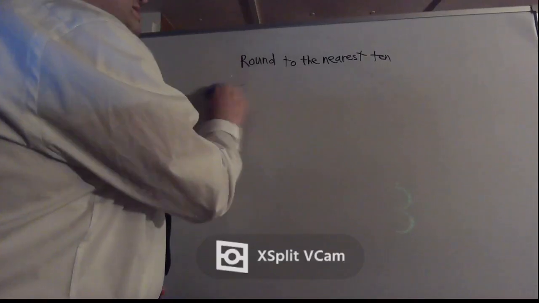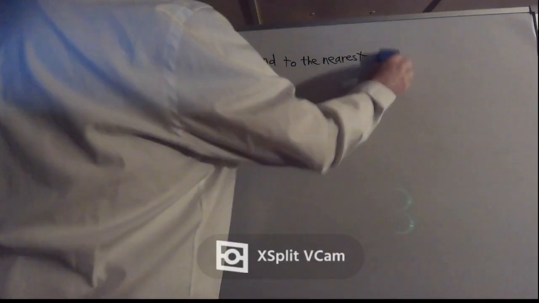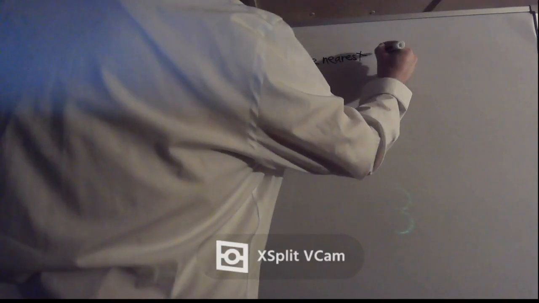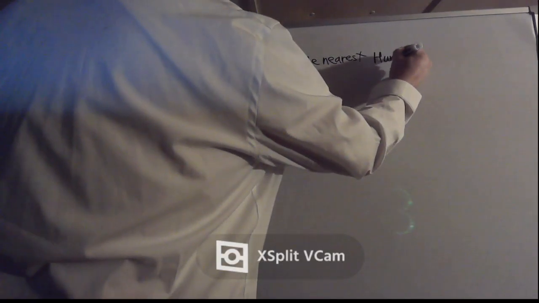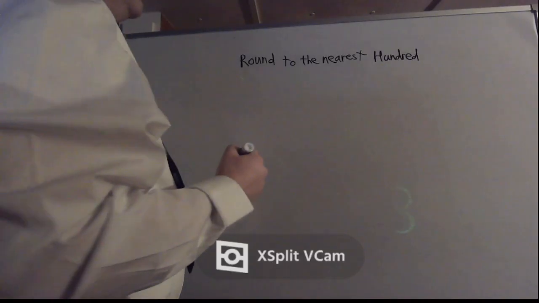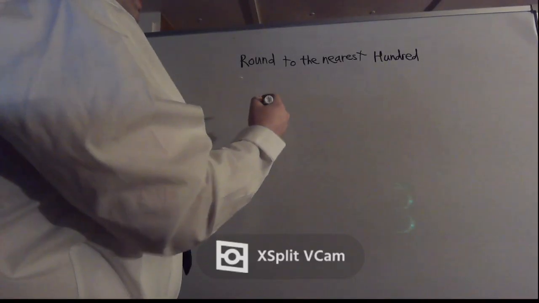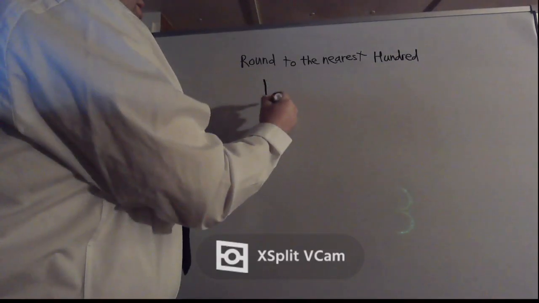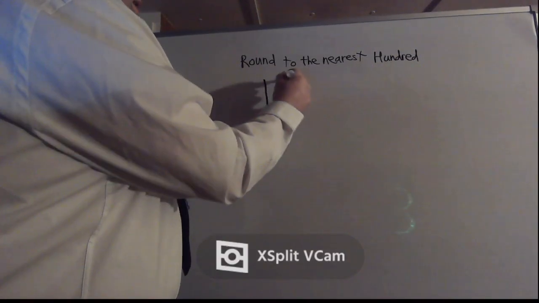So that's rounding to the nearest 10. How about we round to the nearest 100? We'll do 105.